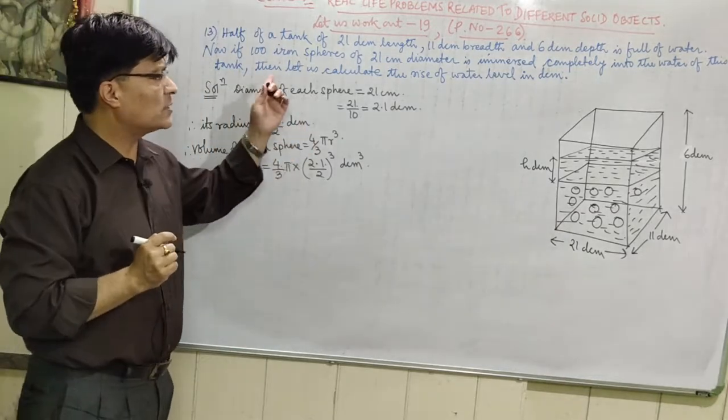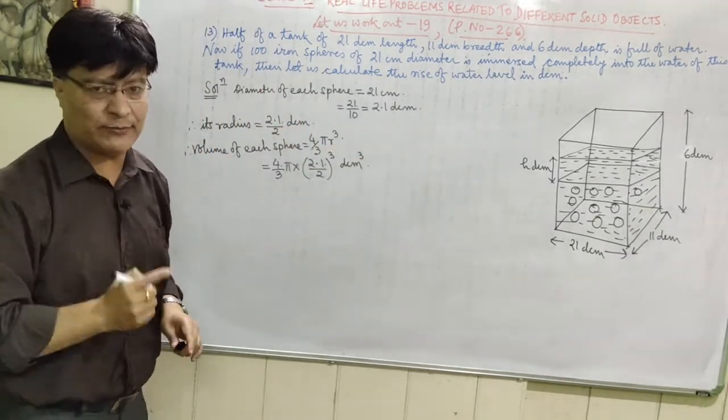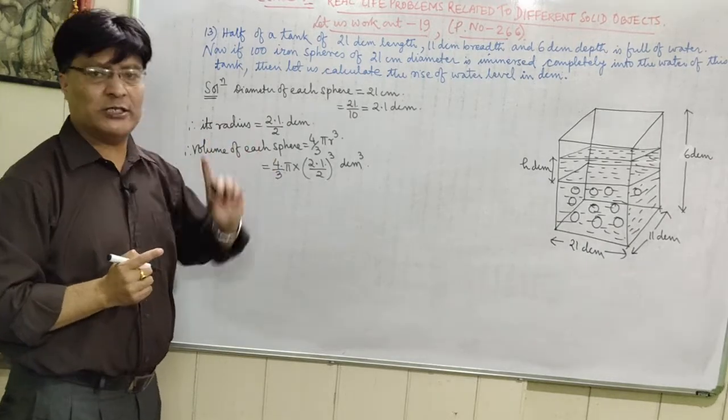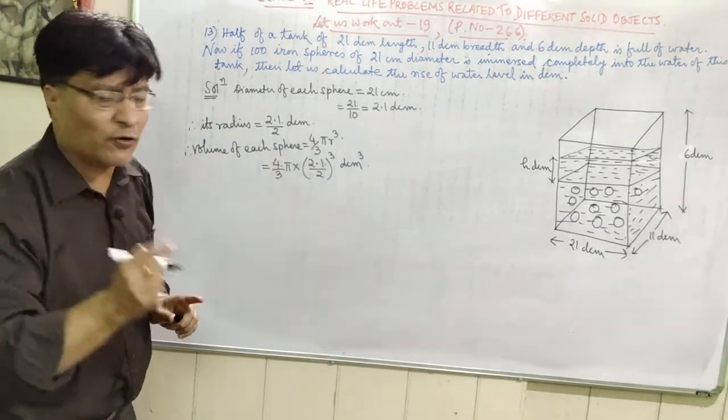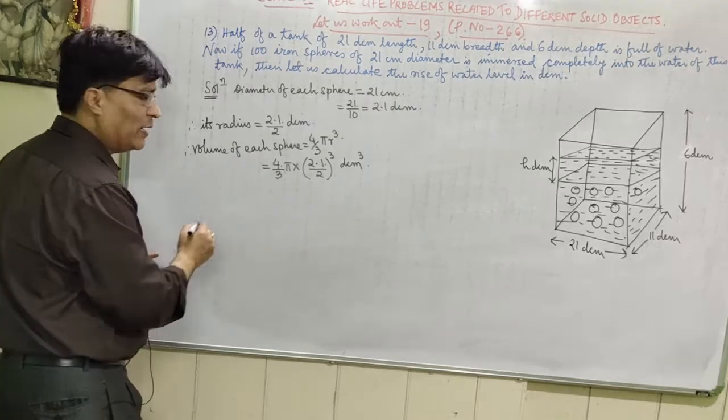So how many spheres are immersed into that water? 100 spheres. So what is the volume of 100 spheres? You have to find out the total volume of 100 spheres. It should be multiplied by 100.